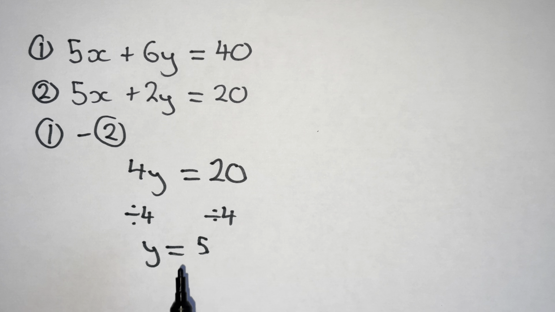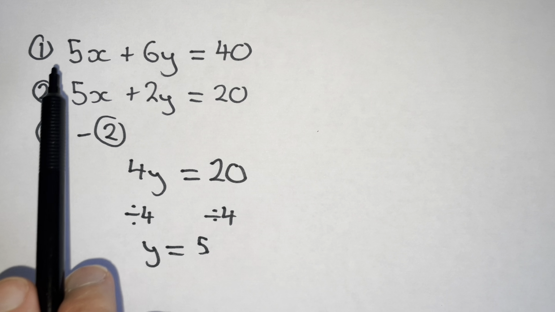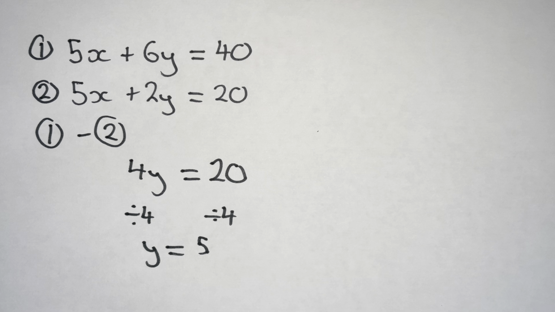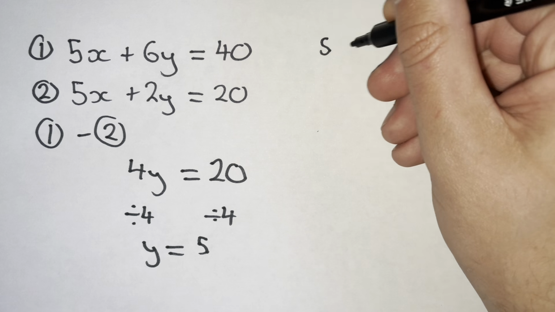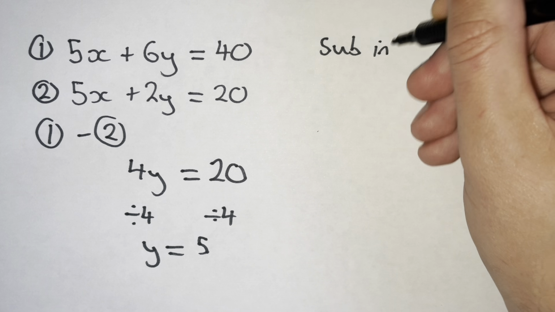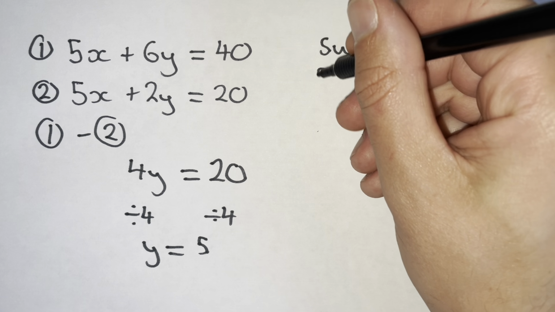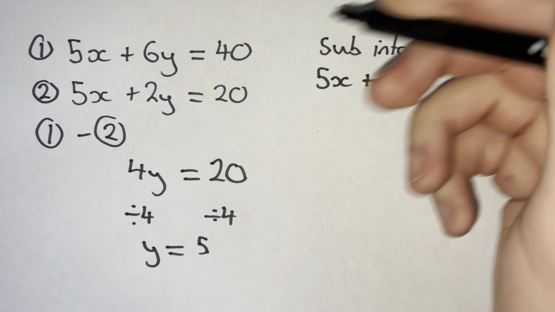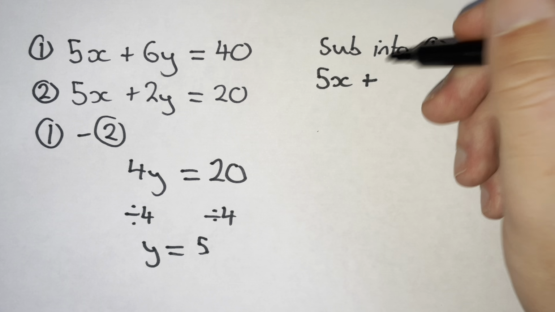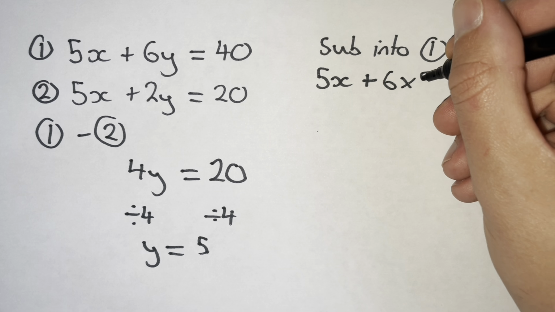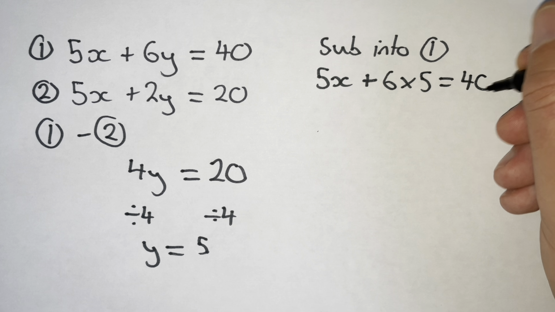I now need to use this fact that y is 5 to solve for x. I'm going to substitute it into one of these. Again, I'm going to choose equation 1. So I write sub into equation 1. I have 5x plus 6 times y, which is 5, and that is equal to 40.